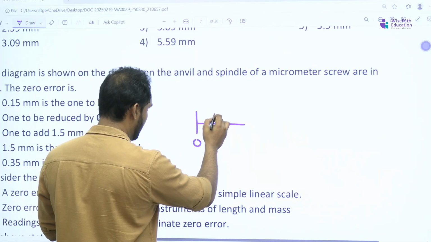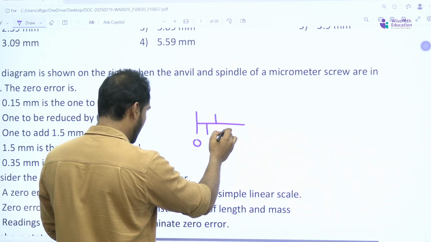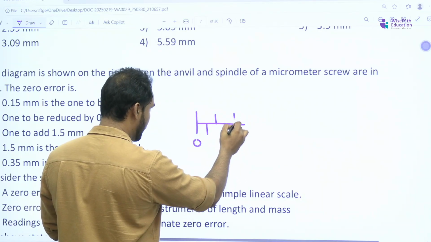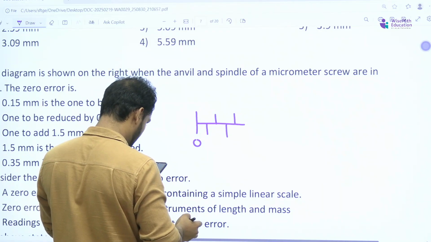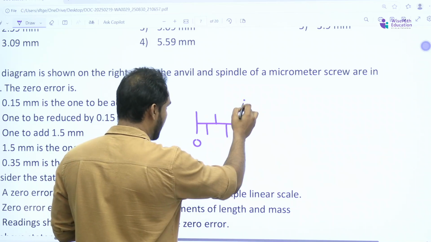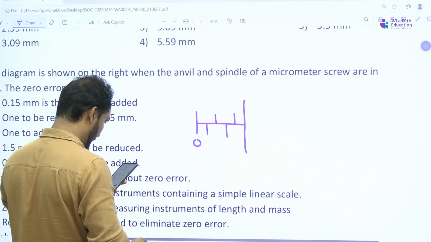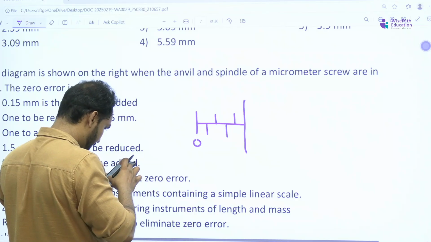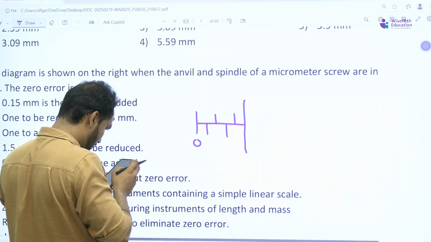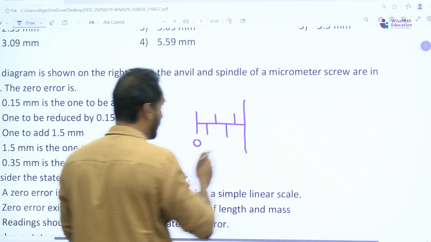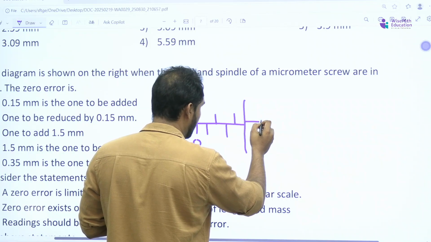1, 2, 3, 4. Right. And the circular scale is there. 1, 2, 3, 4. Okay. Now this is 10.